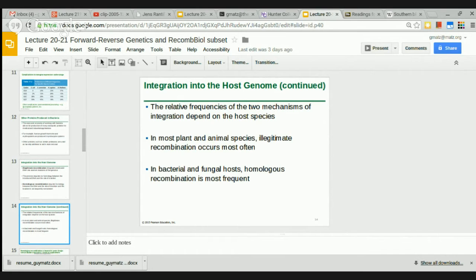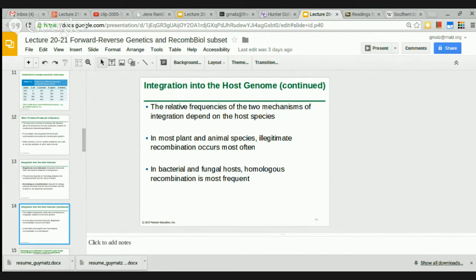The frequency with which introduced DNA is either just integrated by illegitimate recombination or by homologous recombination, the difference has to do with what the actual host species is.